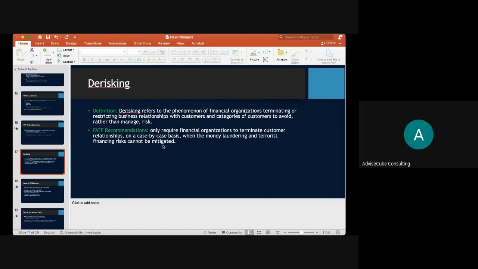FATF recommendations also have this concept that they can terminate a relationship, but of course it's on a case-by-case basis, depending on how big the threat is. It could be bringing a reputational risk to the organization or a major financial risk. This is a new concept; it's the first time they have ever mentioned de-risking. I will see if there is anything on de-risking in FATF, and then I'll share it on Telegram.